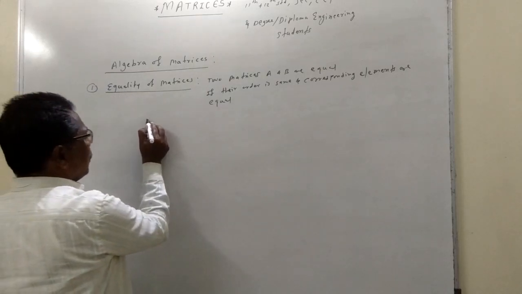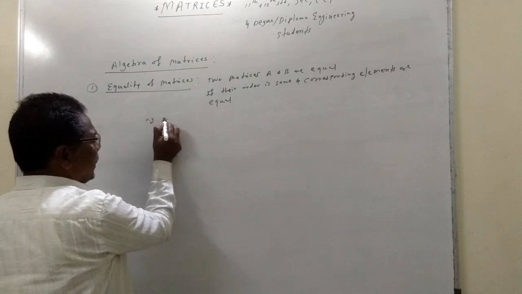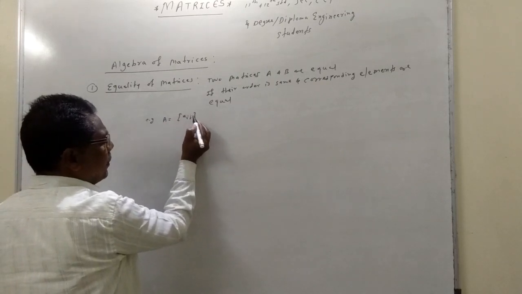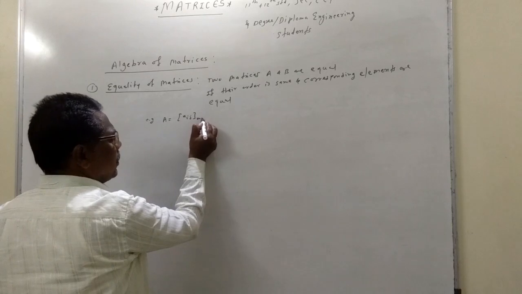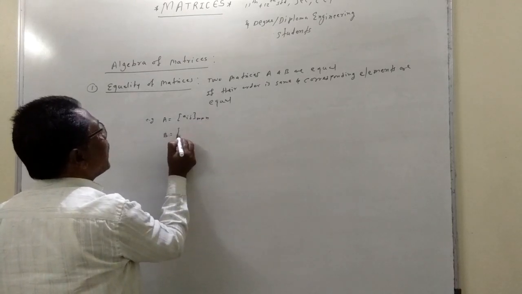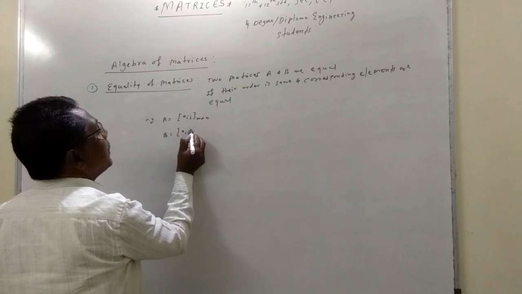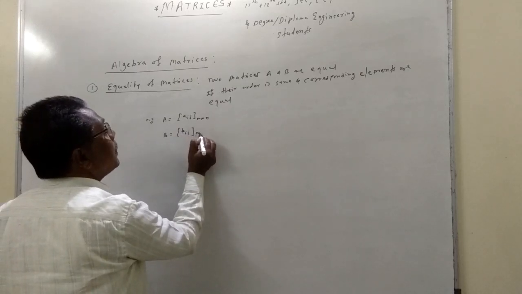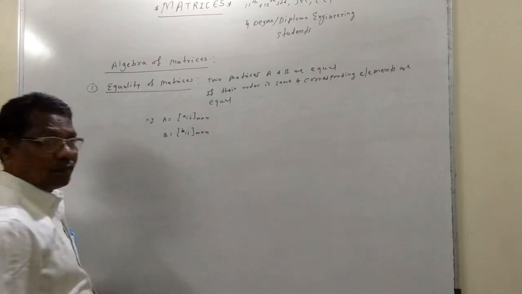For example, A is equal to the matrix Aij of order m by n, and B is equal to the matrix Bij of order m by n.